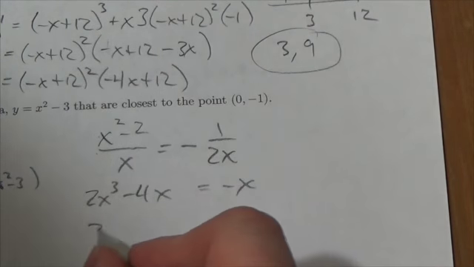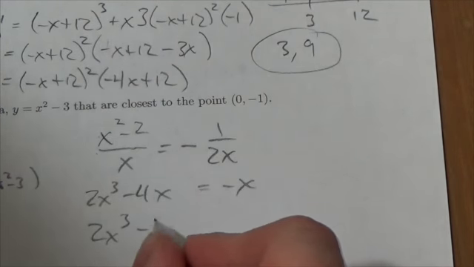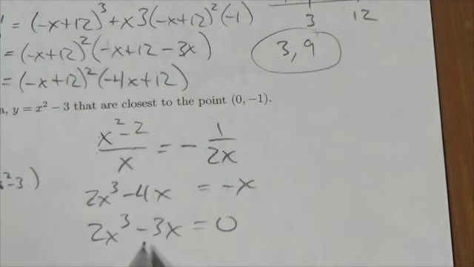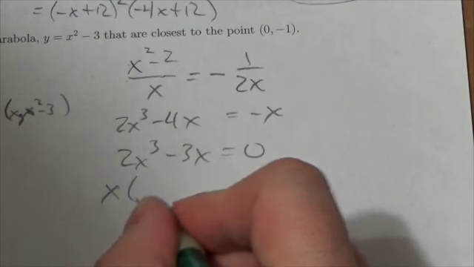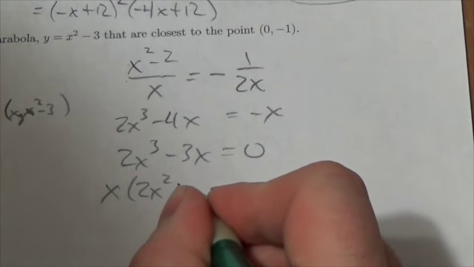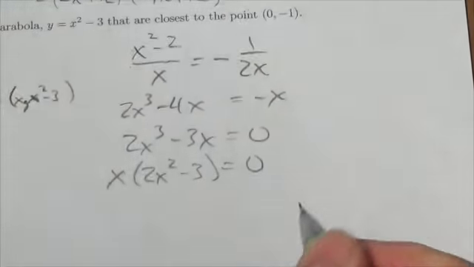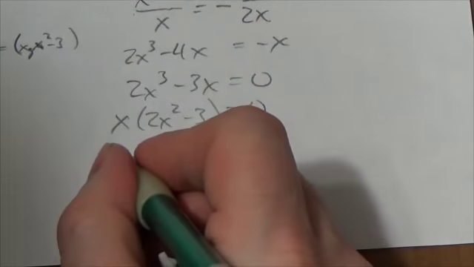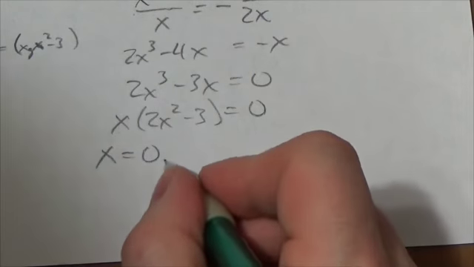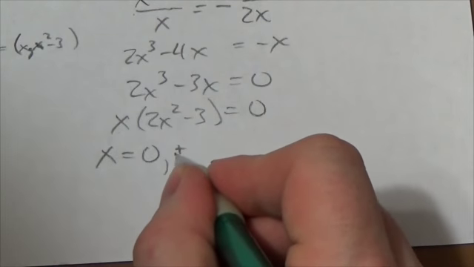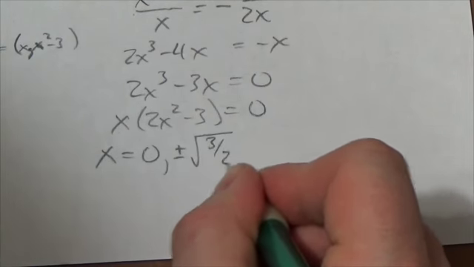Bring that x over, so it'll be 2x cubed minus 3x equals 0. Okay, now I'll take out the common x, and I'm left with 2x squared minus 3 equals 0. And I'm left with x equals 0, and the positive and negative square root of 3 halves.